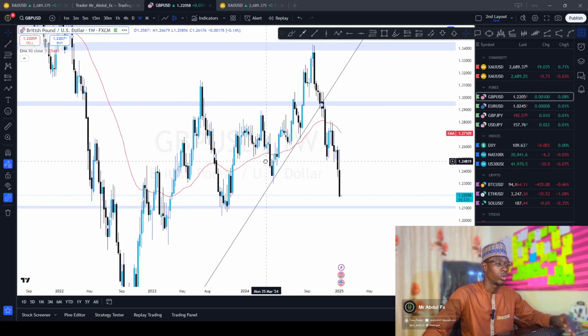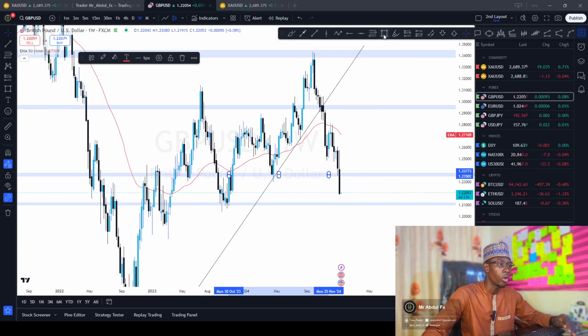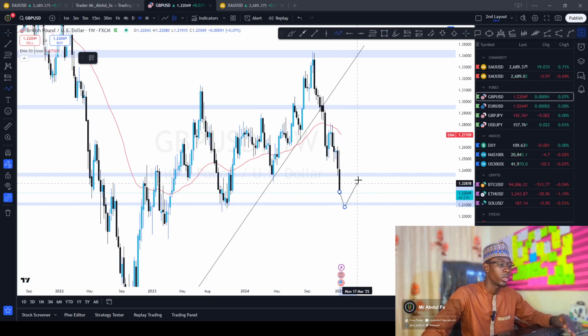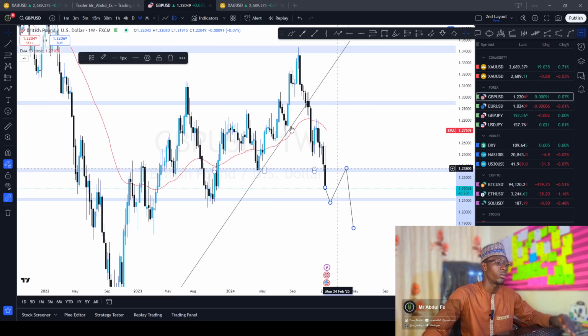On the weekly time frame, that is all I am seeing, and maybe it might come down, come up for a retest of this level, and then we might see possible continuation.